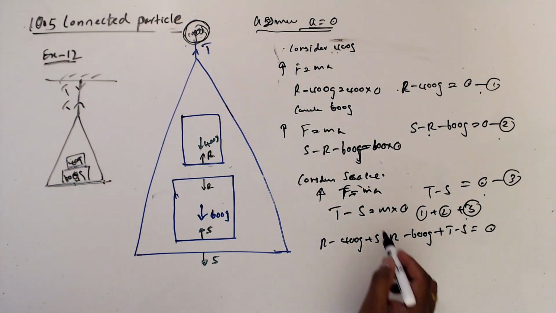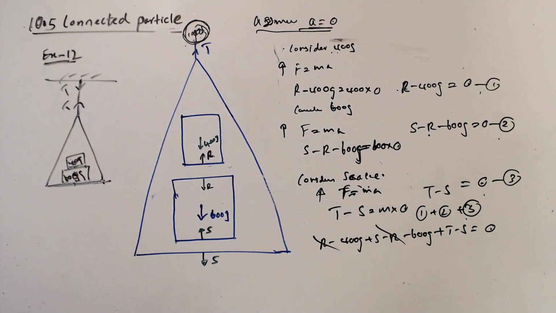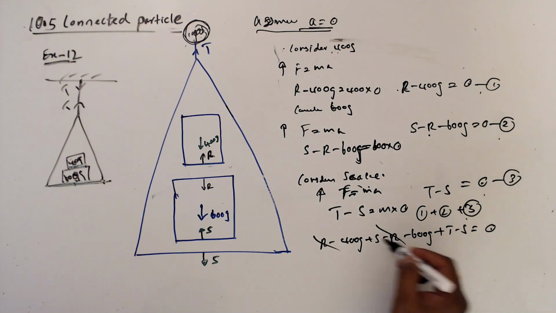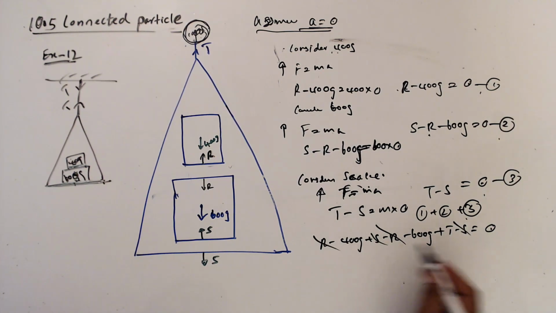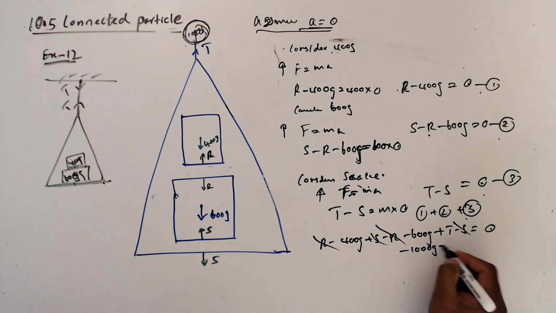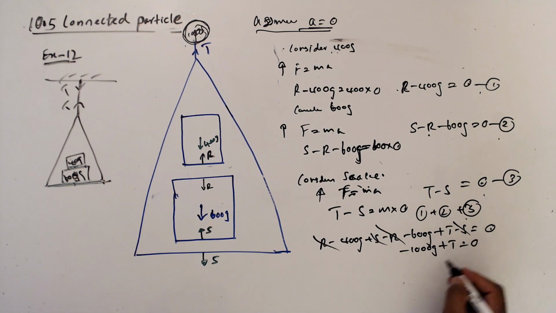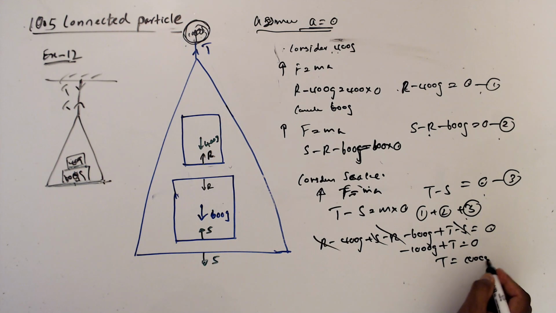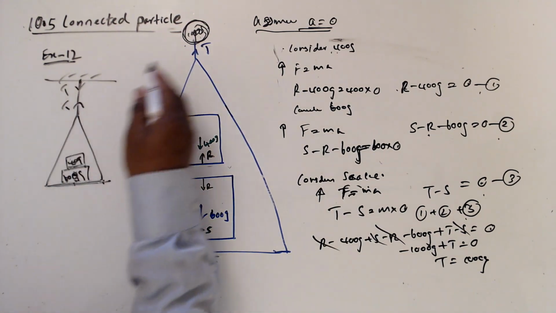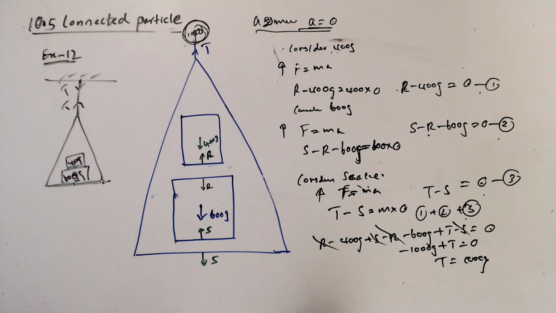Now you can see minus R plus R cancel out, minus S plus S cancel out. So this is minus 1000 g plus T equals 0, T equals 1000 g. That's true, right? So the scale should give 1000 g.